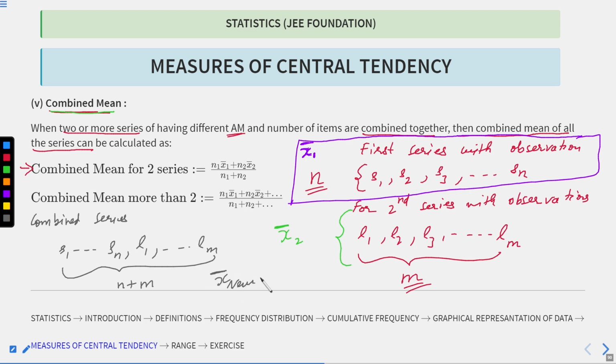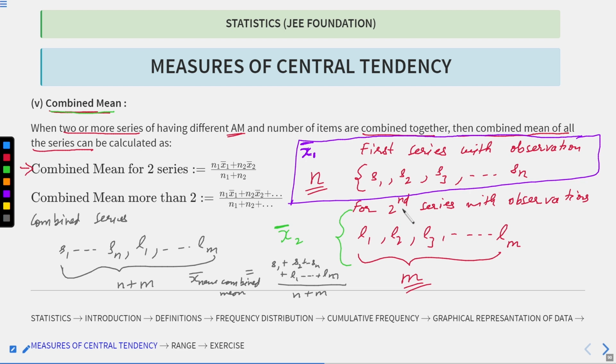So my new combined mean is equal to, by using the definition, we add all of the observations S1, S2 till Sn plus L1 till Lm, divided by n plus m, the total number of observations.